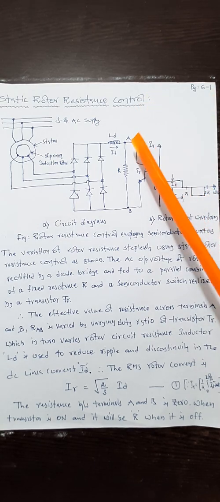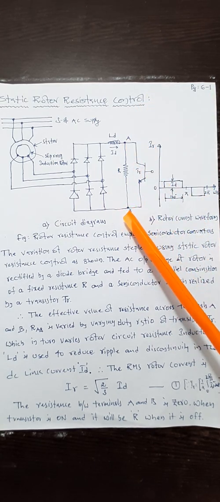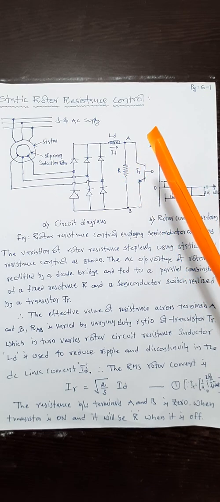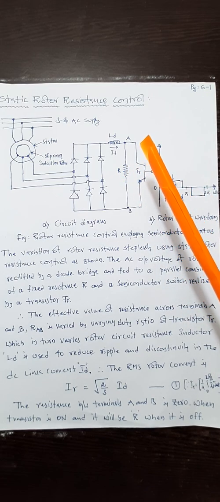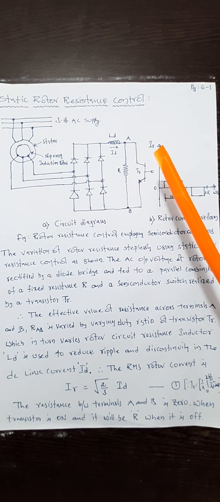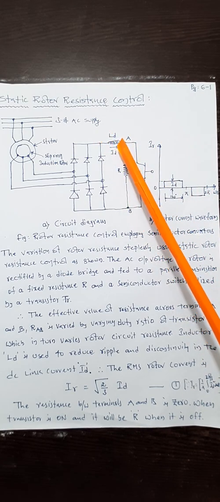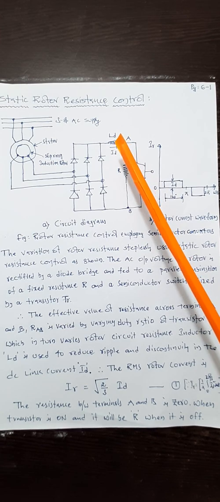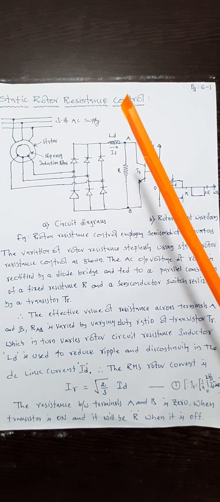Here this is point A and this is point B. The effective value of resistance across terminals A and B, RAB, is varied by varying the duty ratio of the transistor TR, which in turn varies the rotor circuit resistance. Here you have to observe the DC link inductor LD, which is used to reduce the ripple and discontinuity in the rotor current.